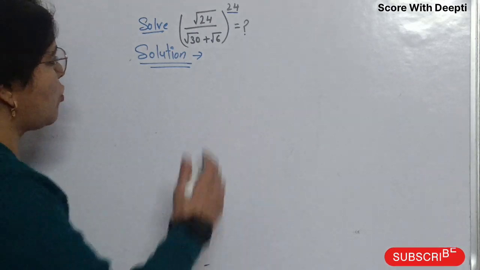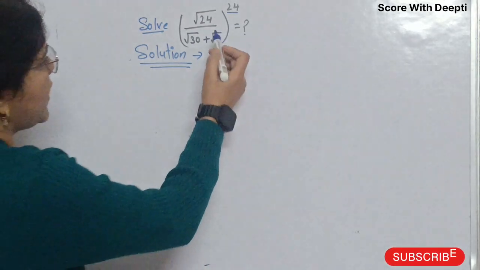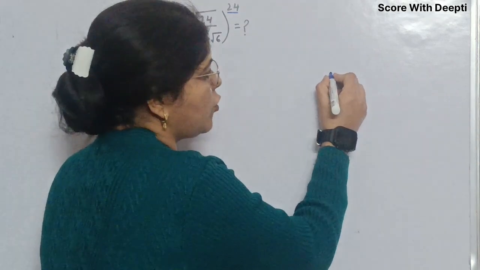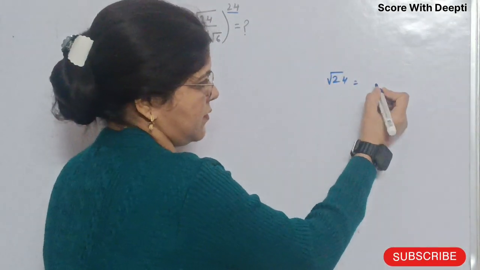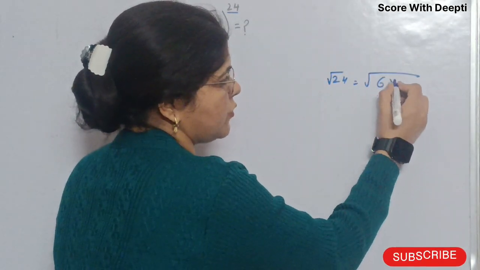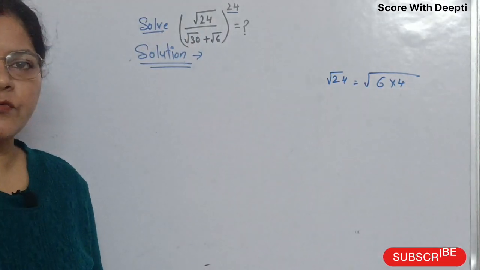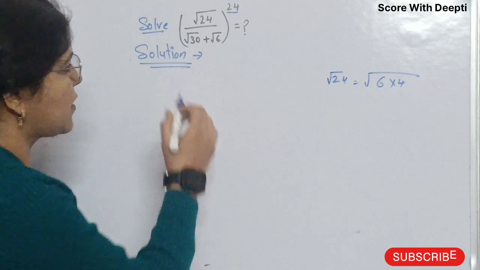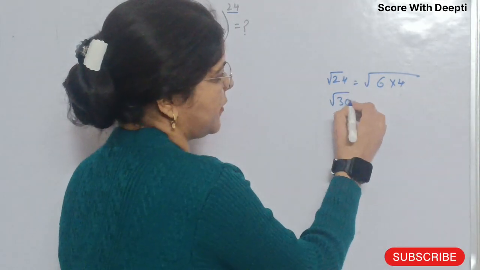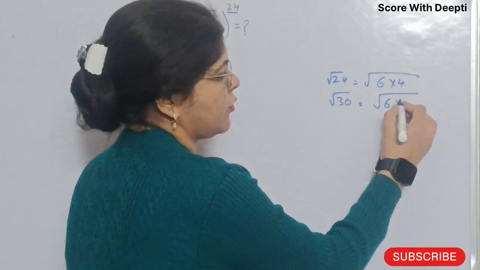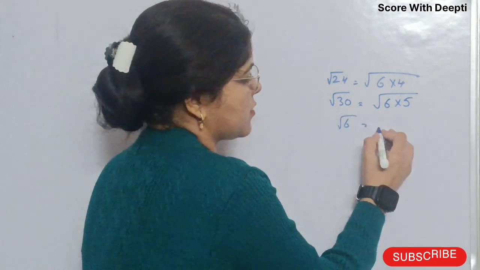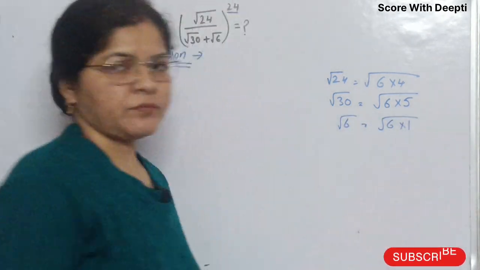Now let's begin the solution of the question. First we have to solve this part. In this part we know that square root 24 can be written as square root 6 into 4. Means in place of 24 we write square root 6 into 4. Next, square root 30 can be written as square root 6 into 5, and square root 6 can be written as square root 6 into 1.